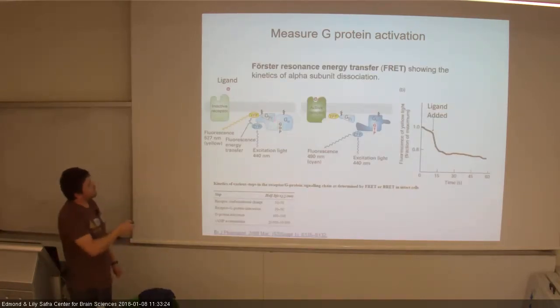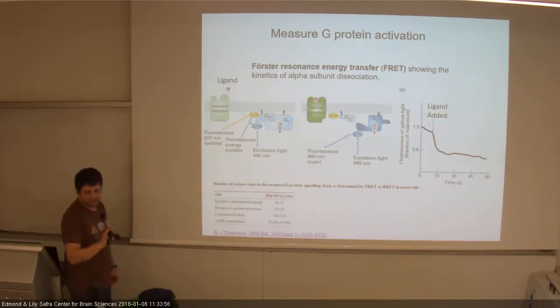If we take, for example, the G alpha subunit and attach to it a cyan fluorescent protein, and take the G beta gamma subunit and attach to it a yellow fluorescent protein, then if the two are in close proximity to one another, the distance will be close enough to allow this fluorescence energy transfer. If we excite it with this laser and see fluorescence in this wavelength, then we know that these two are in close proximity to one another.